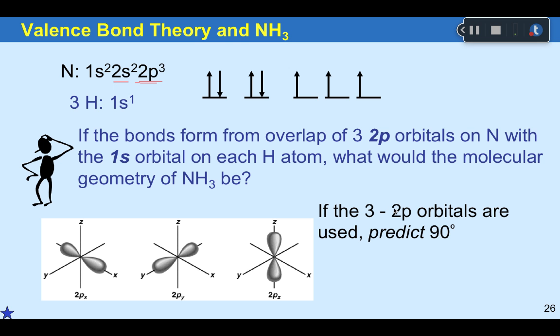And if that were the case, the three 2p orbitals are exactly 90 degrees apart, but the actual bond angle of the ammonia molecule between hydrogen, nitrogen, and hydrogen is 107 degrees. In other words, it can't be exactly as what we expected from strict overlap of three single p orbitals. This leads into the topic for the next section, which we call hybrid orbitals, which will be in a separate recording.